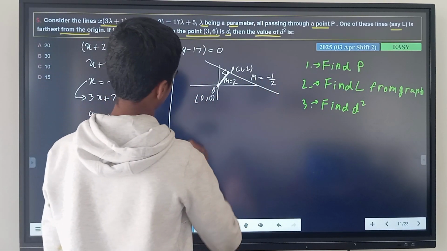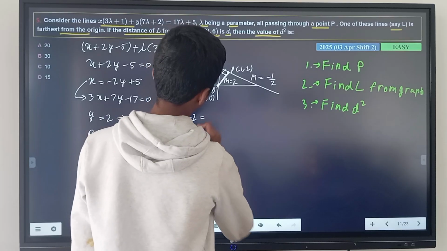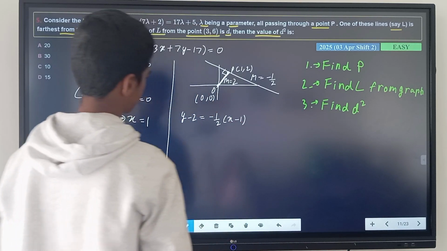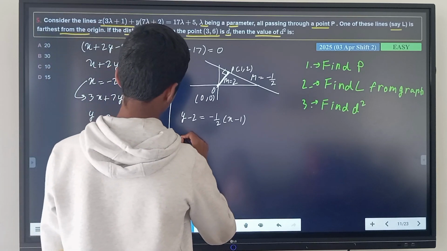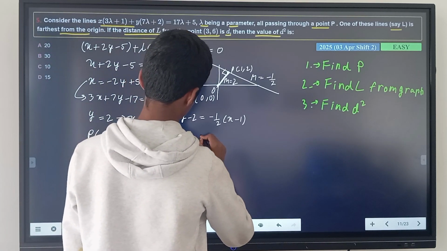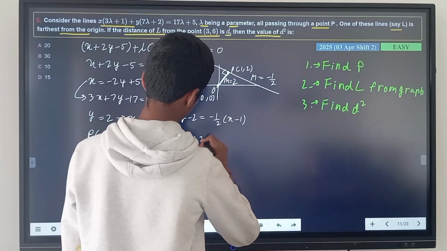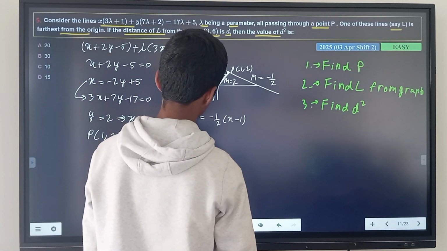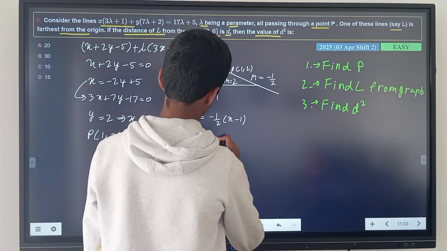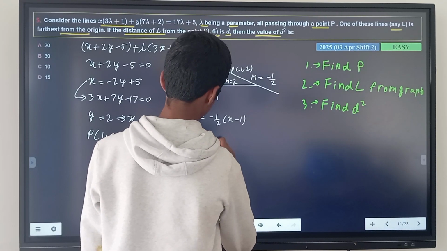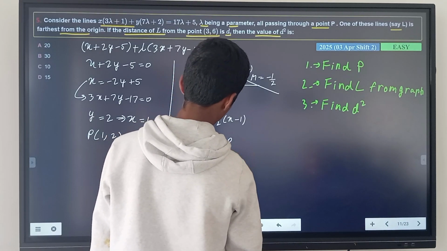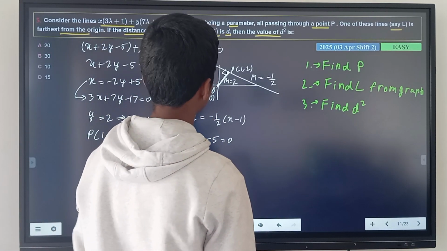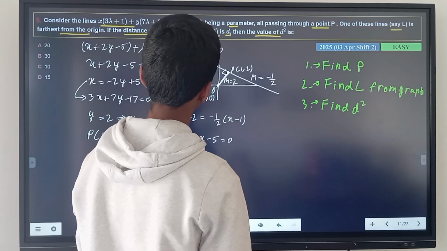So from here we will get y minus 2 is equal to minus 1 upon 2 times x minus 1. From here we will get 2y plus x minus 5 is equal to 0.